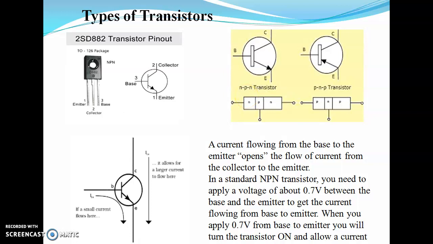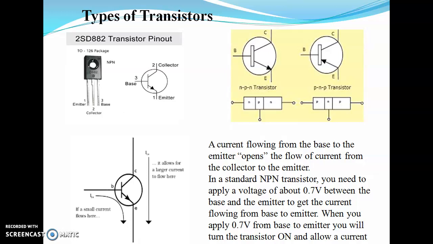So now let's see how transistor works. Basically it has three terminals that we have seen. In the circuit we have to connect these three terminals: base, emitter, and collector. Next question is how transistor allows to pass the current through the circuit.